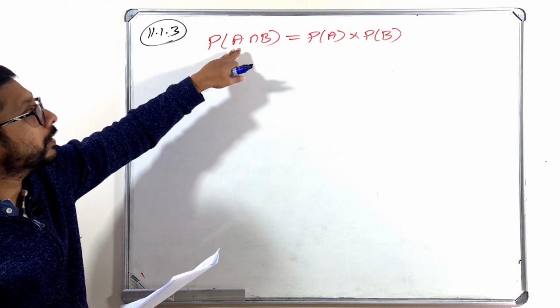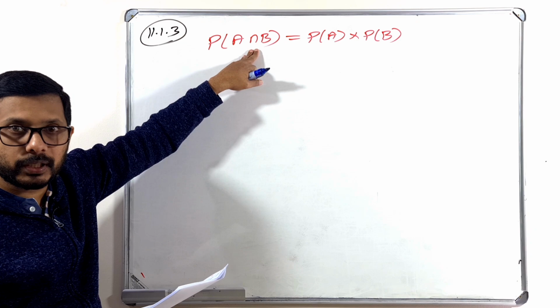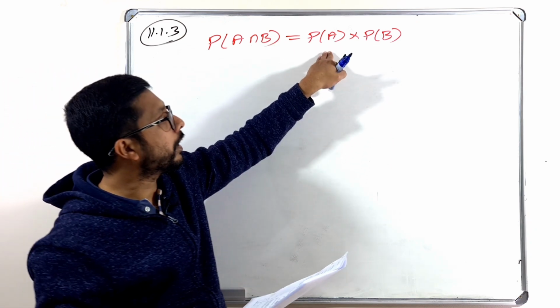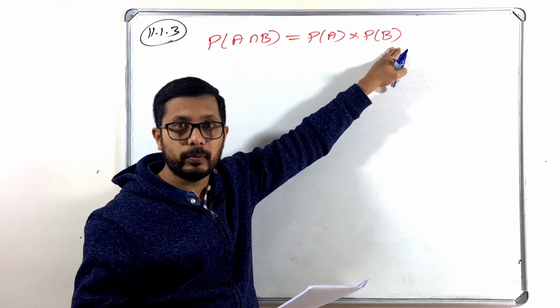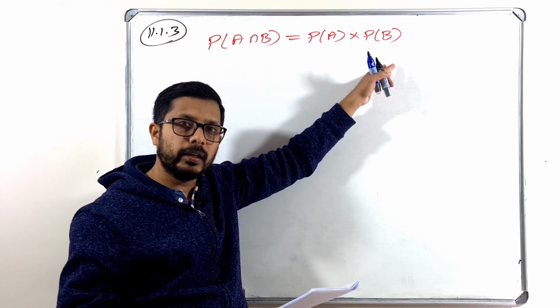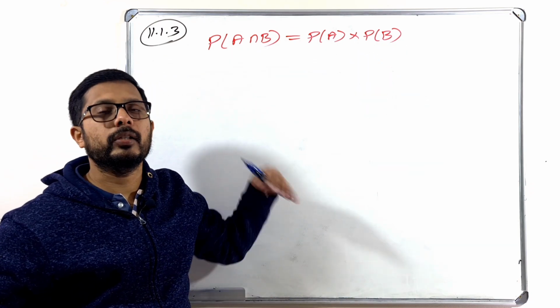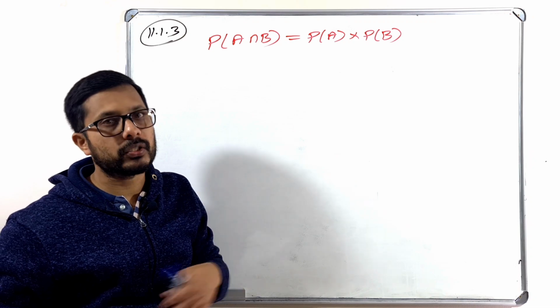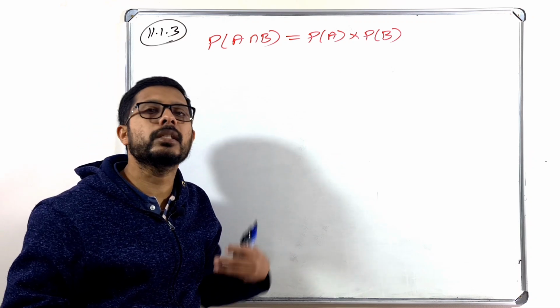We have to find the probability of A intersection B, then find the probability of A times the probability of B. If the left side and right side are equal, then we can say that A and B are independent. If not equal, then they are dependent.